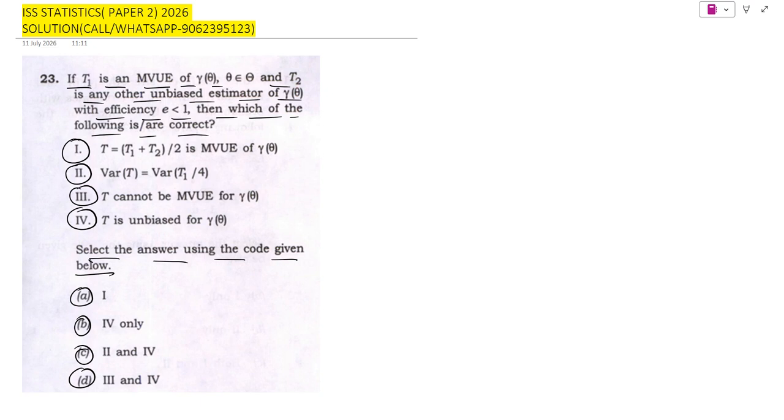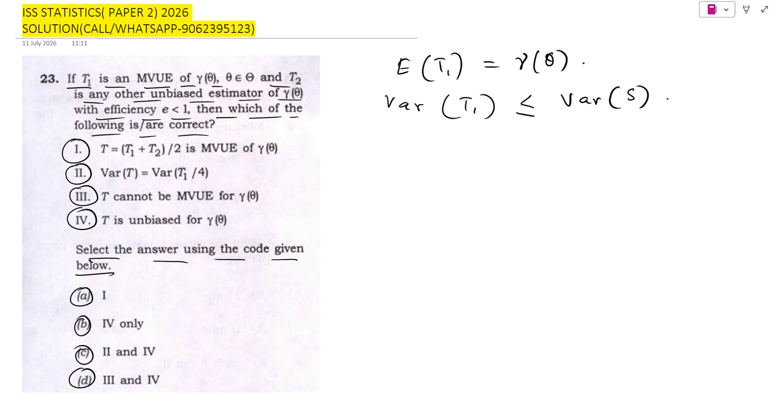So mathematically, E of T1 is equal to gamma theta, and variance of T1 is less than or equal to variance of S for every unbiased estimator S. Okay. So remember, MVUE is not just unbiased, it is the best unbiased estimator because no other unbiased estimator can have a smaller variance.